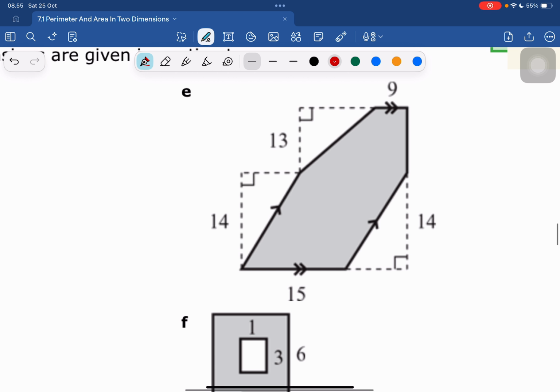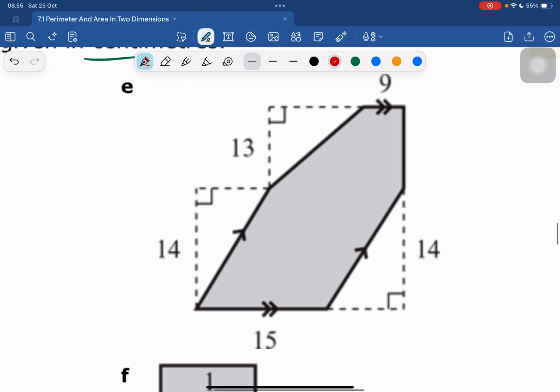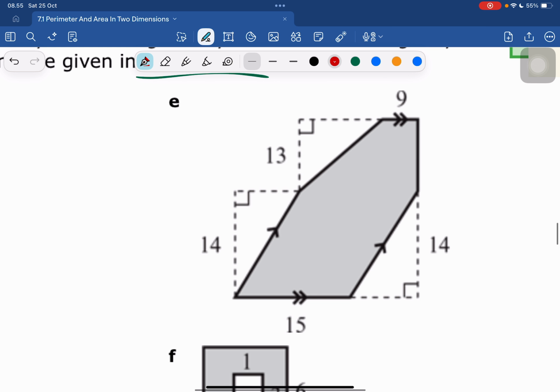Okay, next, this shape. Okay, parallel, what we got from here. Okay, this is 13, 14, and we got again here 14. So what is this angle?